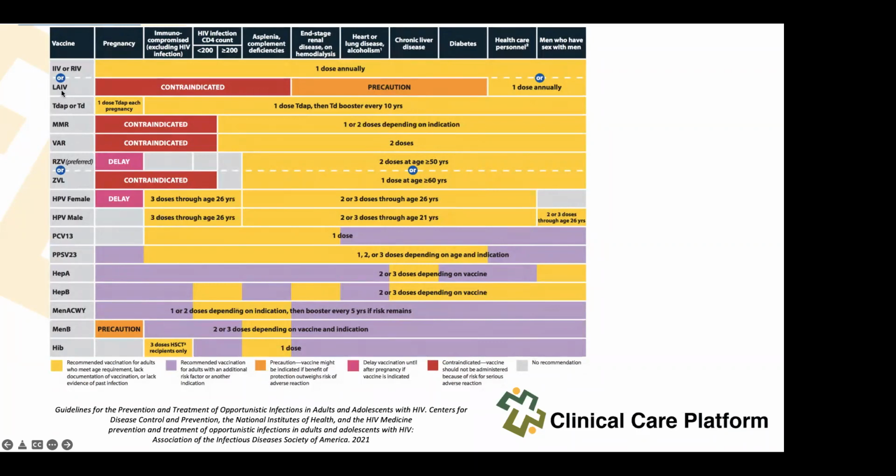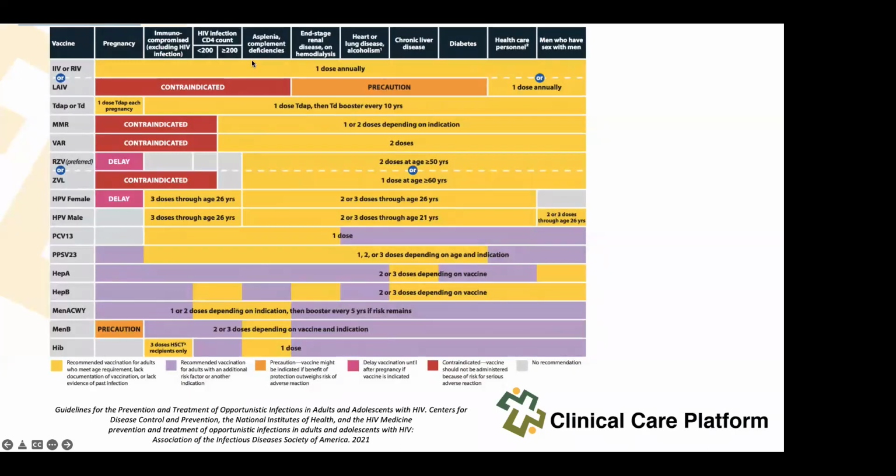You can see those live vaccines are generally contraindicated: measles, varicella, zoster vaccines. So different vaccines by medical condition, and you can see the color coding there to say which ones are recommended, which ones you need to be very careful with.